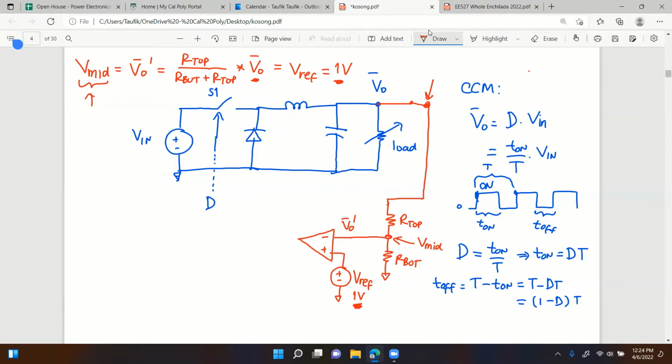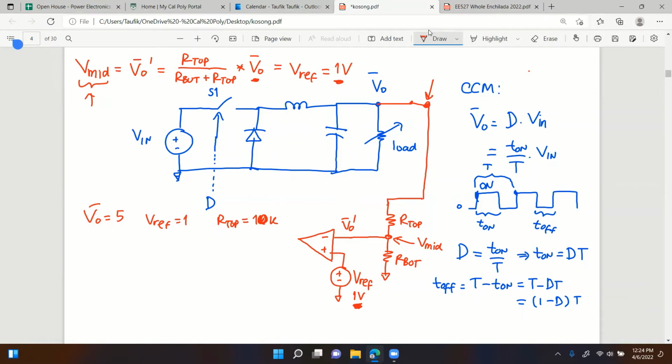Let's say the output voltage is 5, Vref is 1, and I pick R top to be 10K.